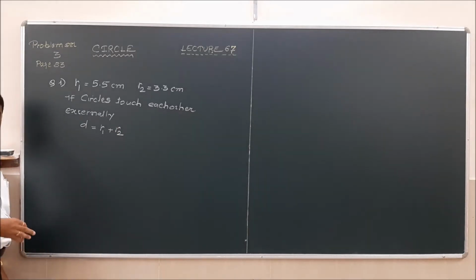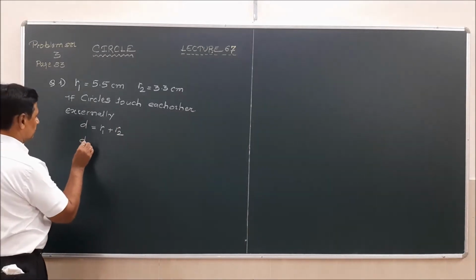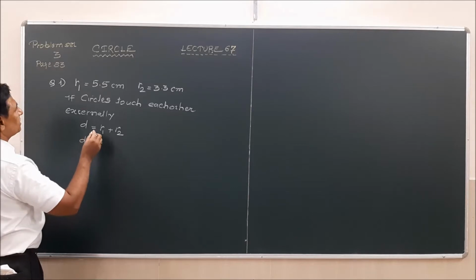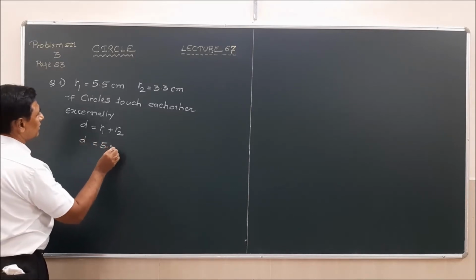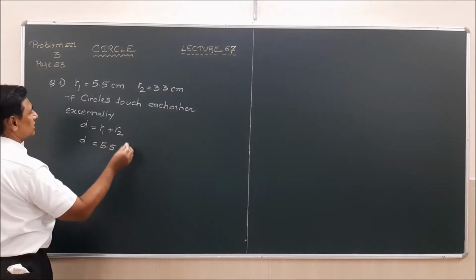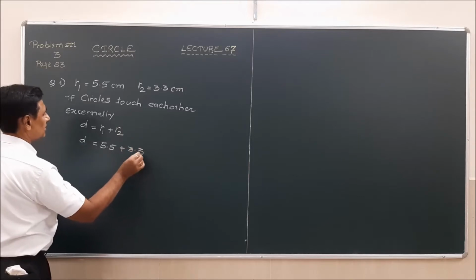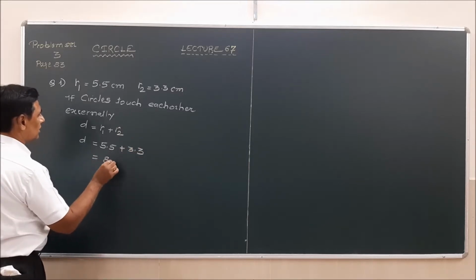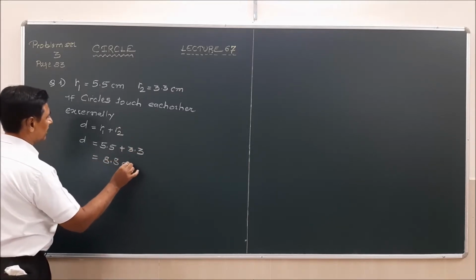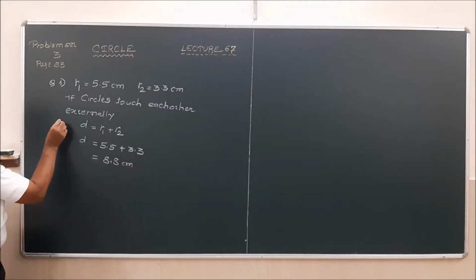Distance is always equal to R1 plus R2. So that distance is equal to 5.5 plus 3.3, which is equal to 8.8 centimeter.